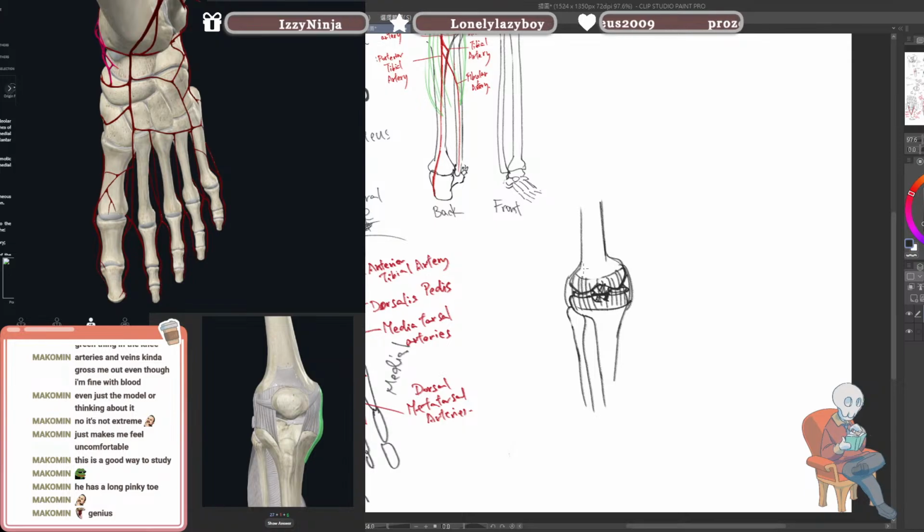Pardon the interesting presentation. We also have this ligament on both sides that sort of wraps the left and right side of your knee capsule. They are called the collateral ligament. I don't know why it's called collateral.